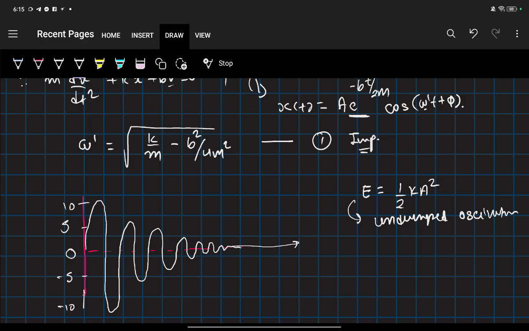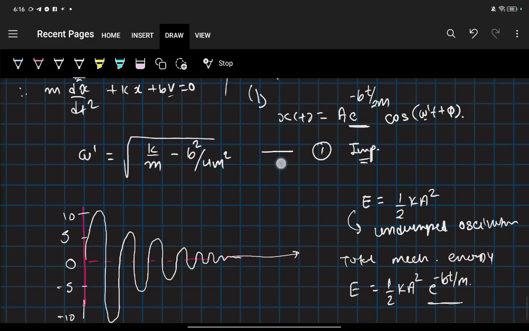But for the damped oscillation, the total mechanical energy is given by half k a square e raised to minus bt over m. So from this equation, we can see that the total energy of the system decays exponentially, right? It decreases exponentially with time.